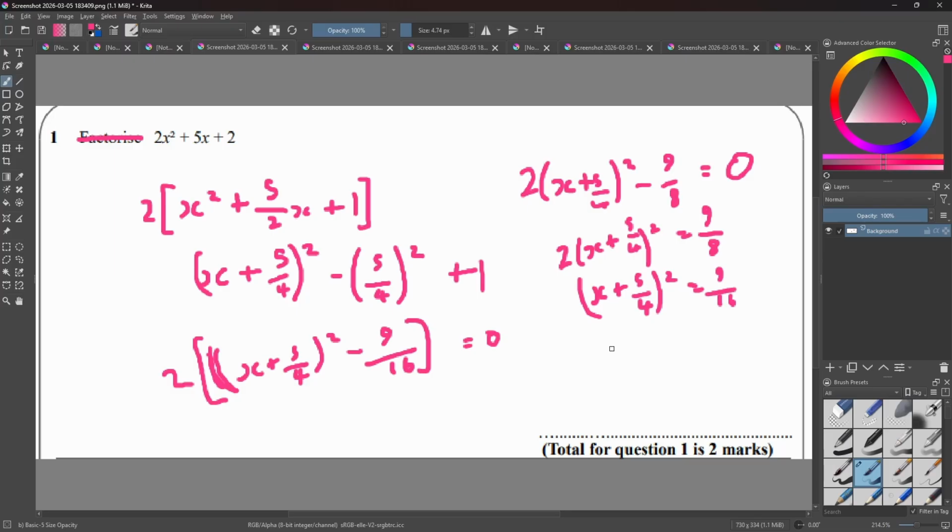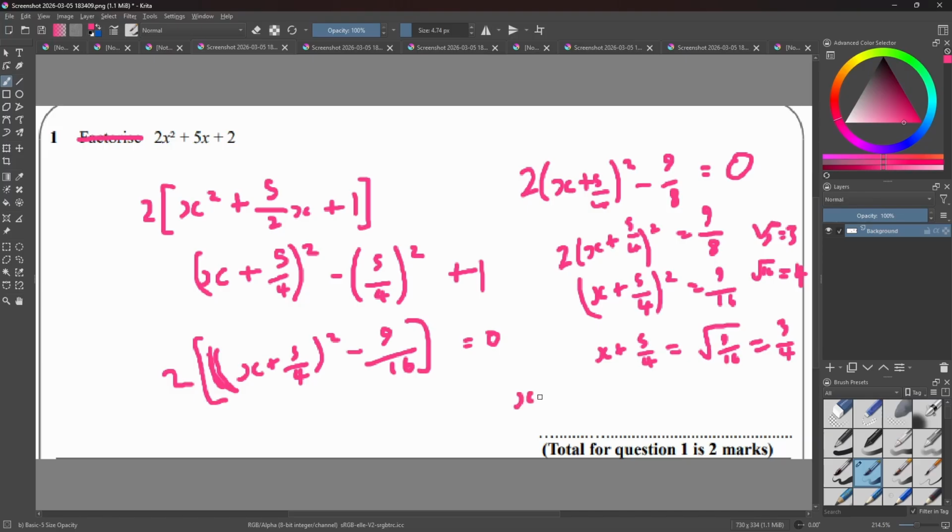And then we square root, so we get x plus 5 over 4 equals root 9 over 16. Now you can do that because root 9 equals 3, that's a terrible square root, and root 16 equals 4. So that works. So we have root 9 over 16 just equals 3 over 4.